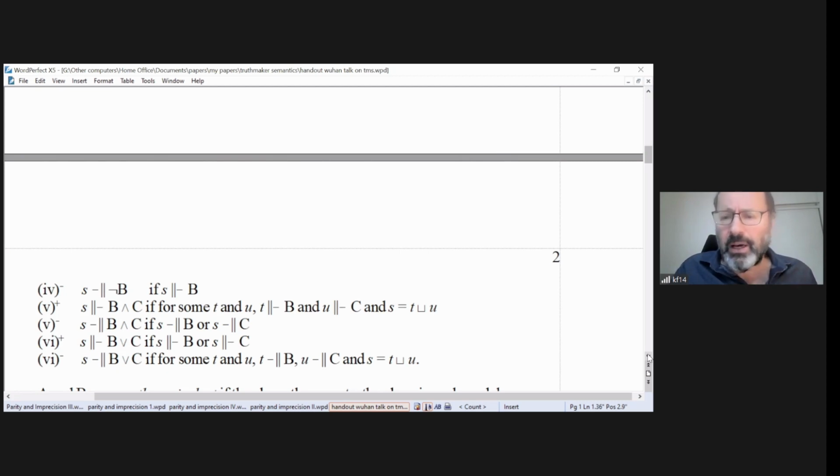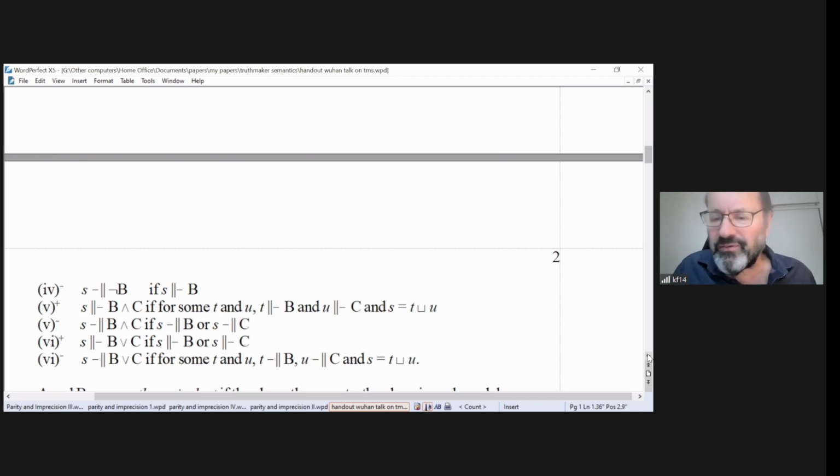Okay. Now, there's another comment I should make about this clause, which is that it's meant to apply both when we have completeness, that's every set of states has at least a bound or fusion, and also when we have bounded completeness. When we have bounded completeness, the fusion of two states may not exist. And we can still read this clause as applying in this case. Suppose that T is an exact truthmaker for B, and U is an exact truthmaker for C, but they don't have a fusion.